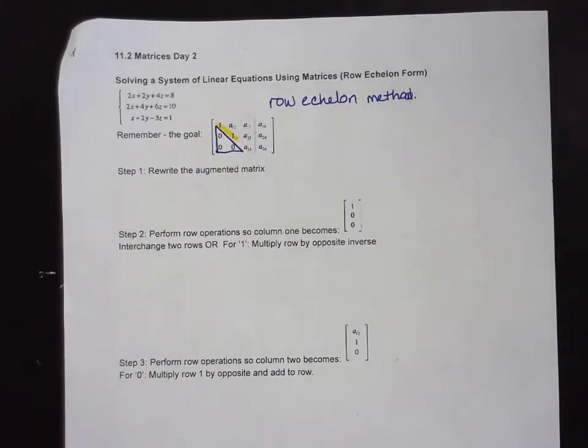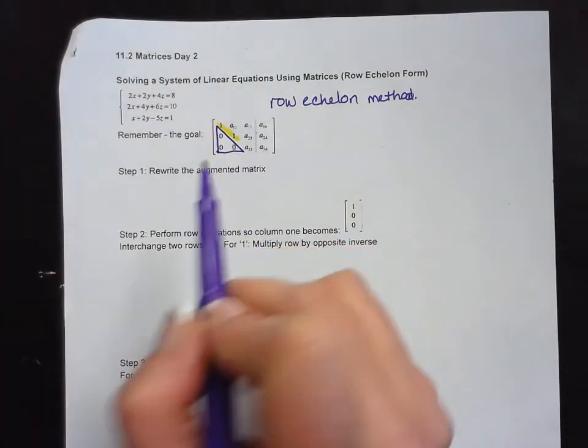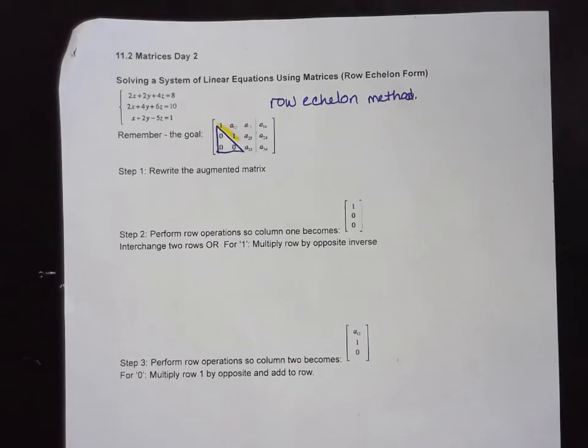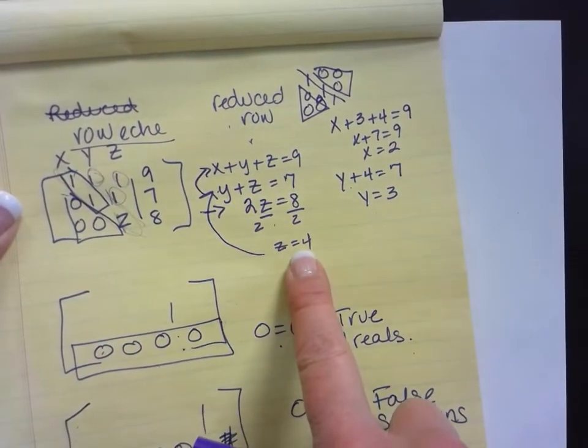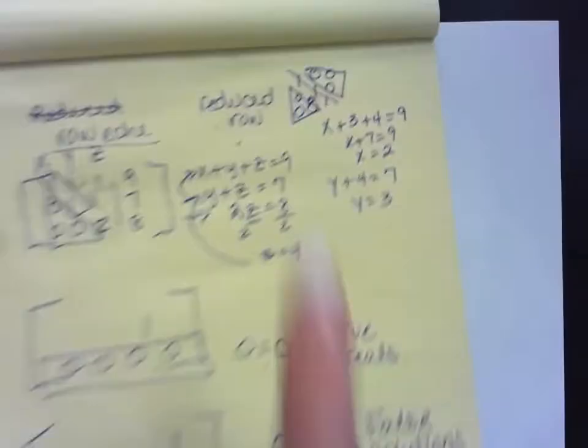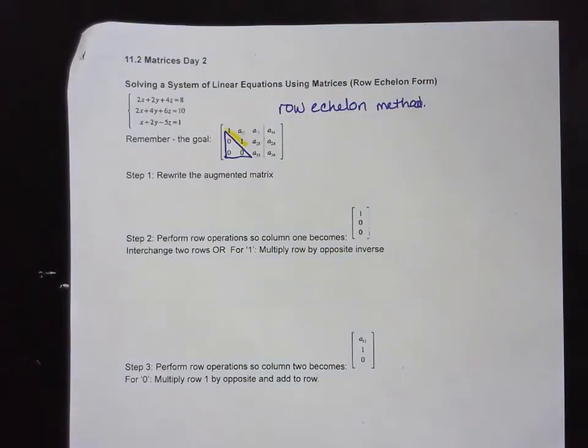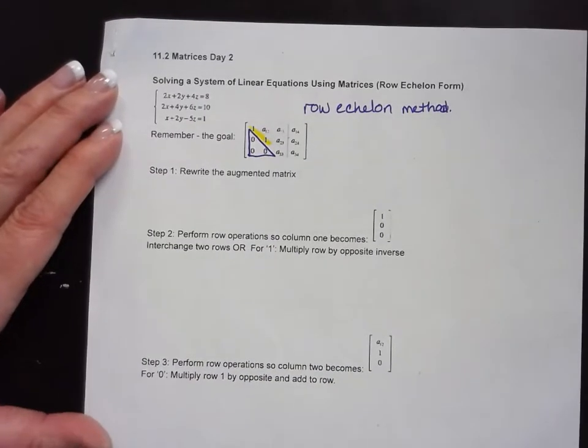All right? That's the goal. Because once I get it to that, then I can go back to the method where I have 2z equals 8, and then I can solve to go back up. Okay, good?